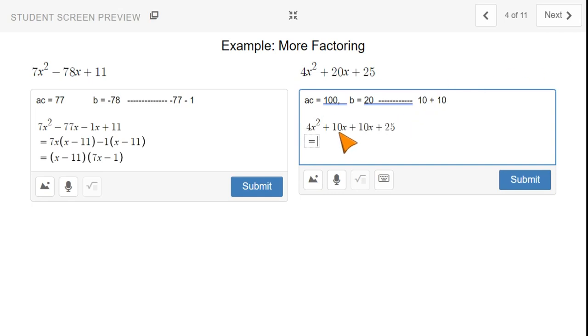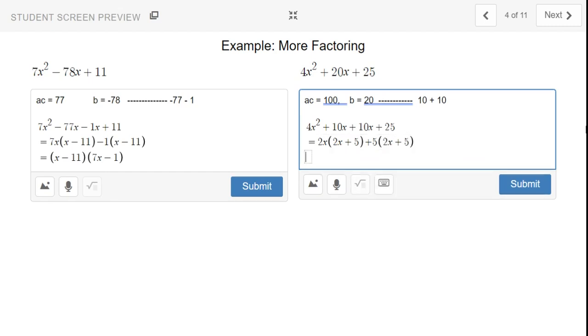Let's factor out the common term and variable in the first two terms, 2x times 2x plus 5, and then in the second one, 5 is common to both, giving 5 times 2x plus 5.